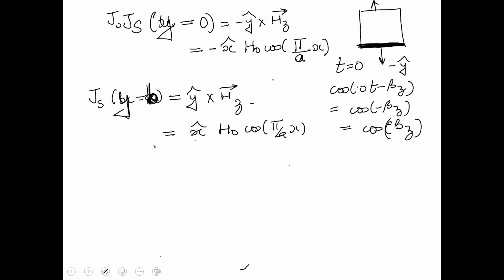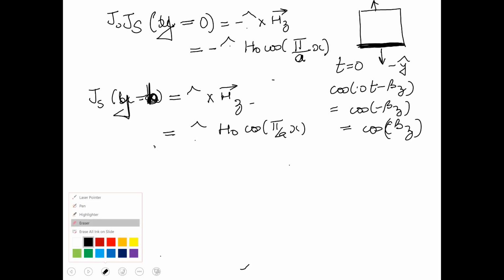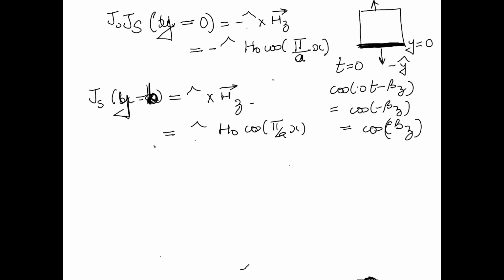And this should be x, because x is equal to 0 plate is this one, and this is y is equal to 0 plate, and the top one is y is equal to b plate. So this is y is equal to 0. The top plate is y is equal to b.